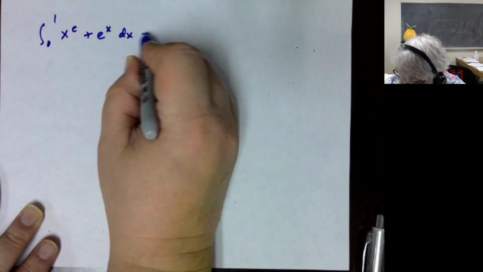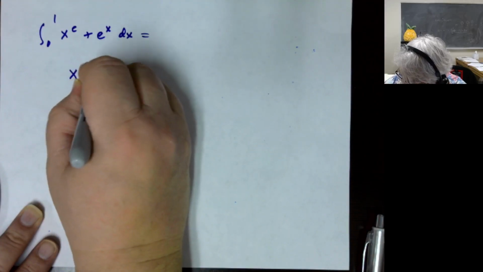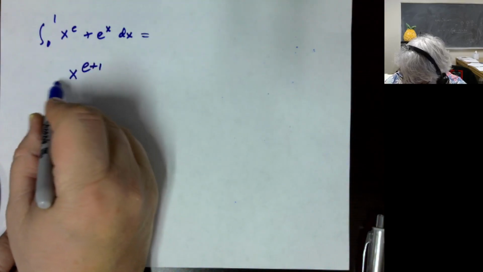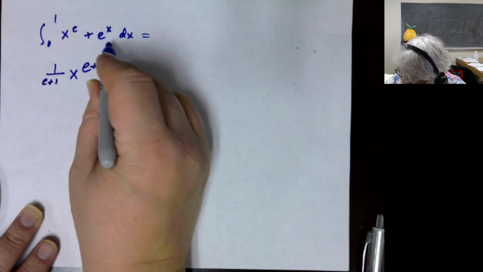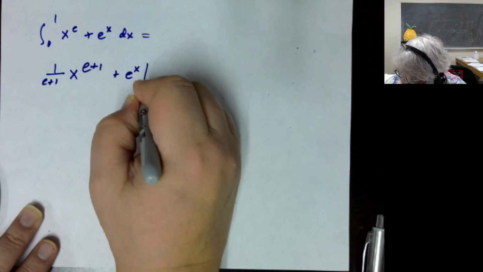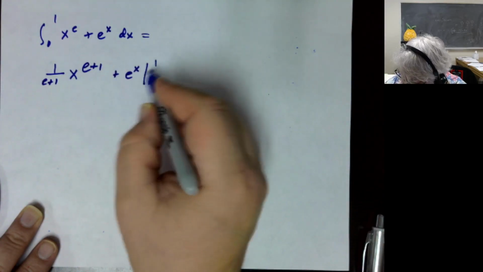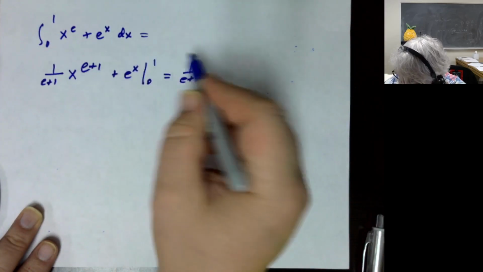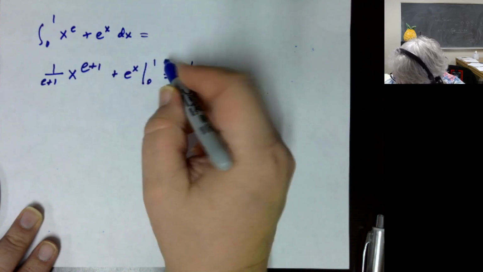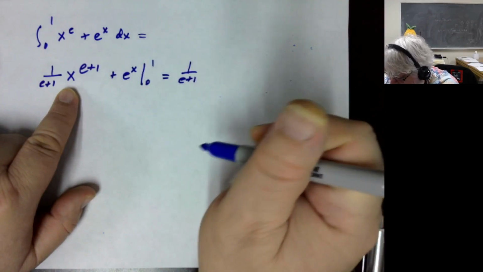Good. So the antiderivative of x to the e will be x to the e plus 1 power. And then I need something to multiply by to get a 1 back, so I'm going to have a 1 over e plus 1. And then the antiderivative of e to the x is just e to the x. Everything's being evaluated from 0 to 1. So if I put a 1 in here, I get 1 over e plus 1 times 1 to the e plus 1.